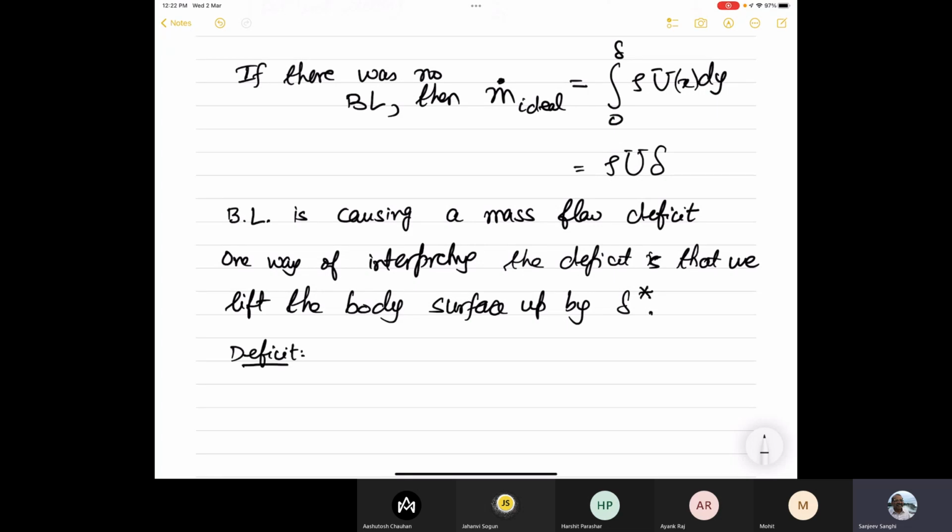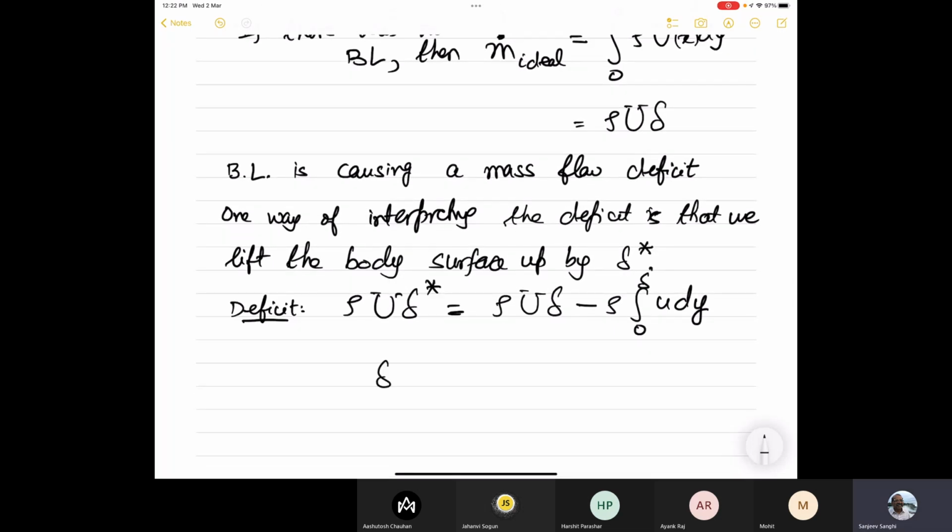So the deficit, which is equal to rho U times delta star, is what one can think of as the deficit, and this is equal to rho U delta minus rho times the integral from 0 to delta of small u dy.